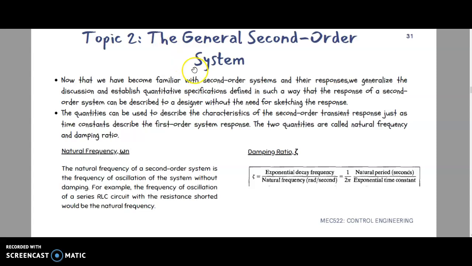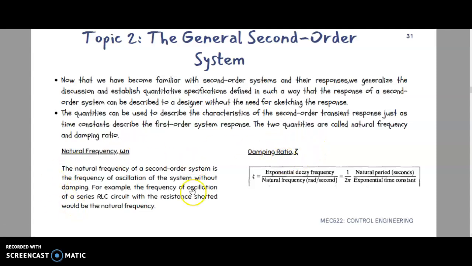This is a general second order system. There are two quantities you must know for the second order. First is the natural frequency, omega n, and the second is the damping ratio.